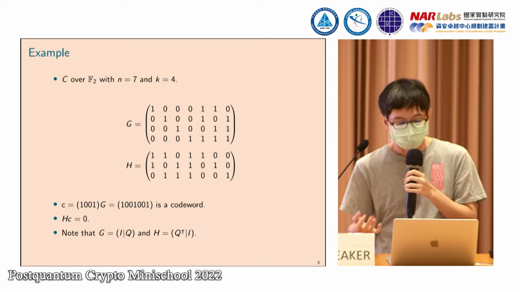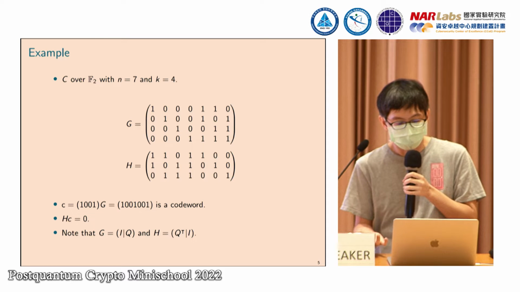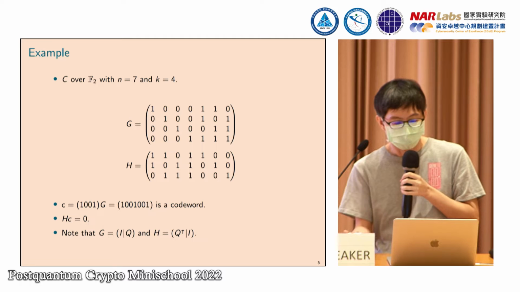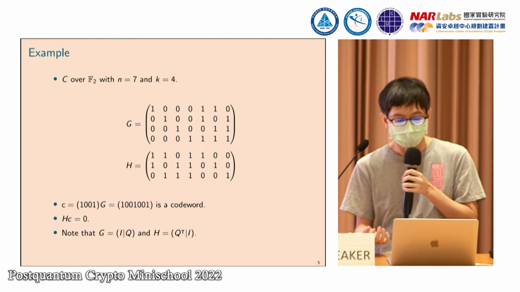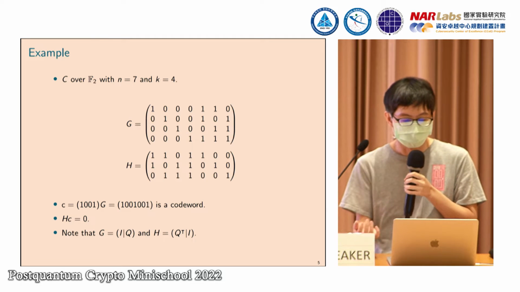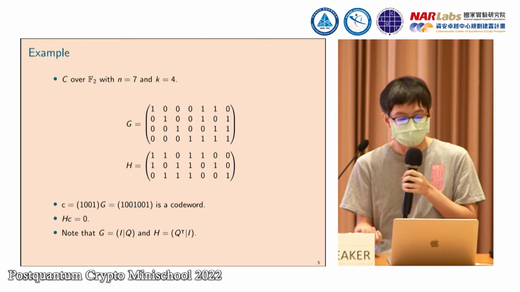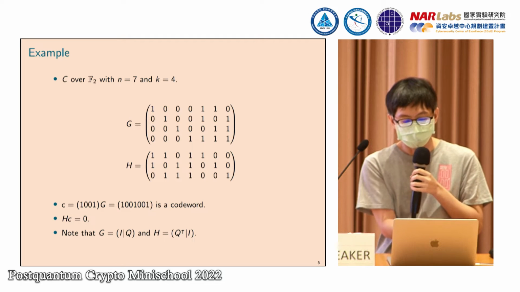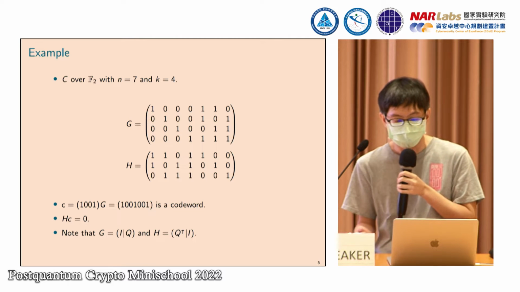Whatever vector you multiply with G becomes a codeword. And for whatever codeword you created, when you multiply by H on the left, it becomes 0.